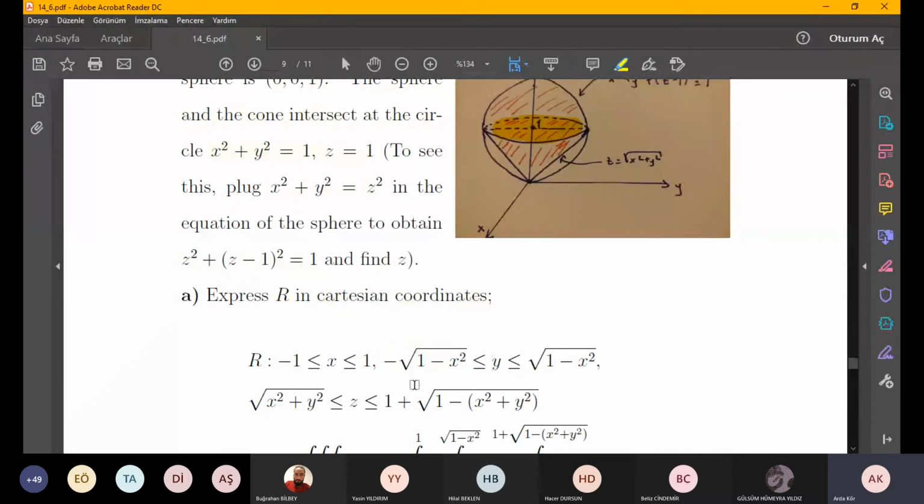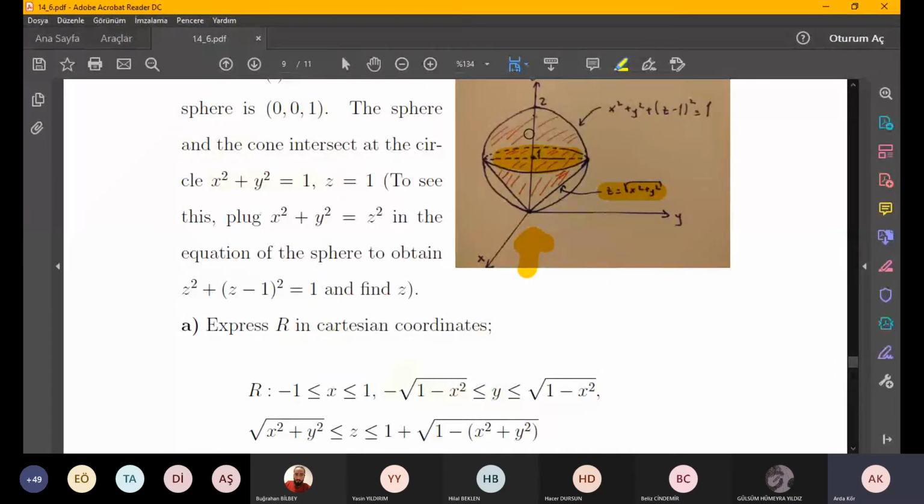And for the limit of integration with respect to z, if you come across the negative side of z, the first function that you have here will be the lower limit for z, which is square root of x squared plus y squared.